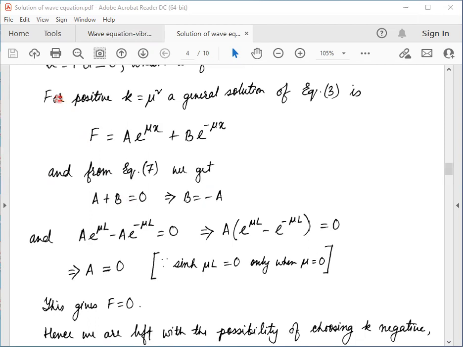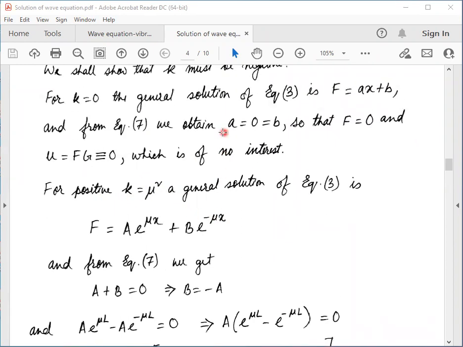So if k is positive, then let us write k equal to mu square, where mu is some constant. Mu can be positive or negative, because when you take the square of a positive number or a negative number, it is always a positive number. So you can write k equal to mu square.